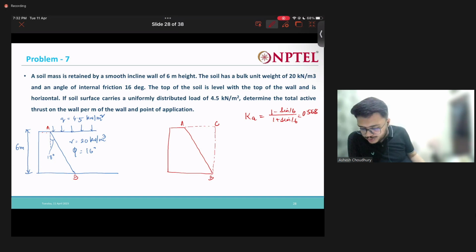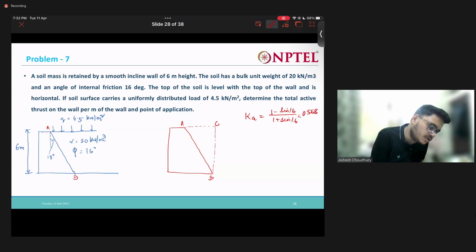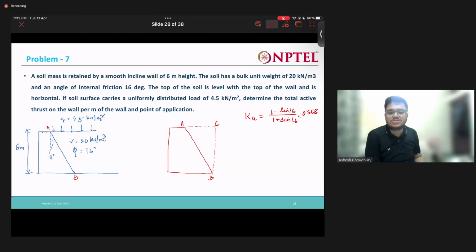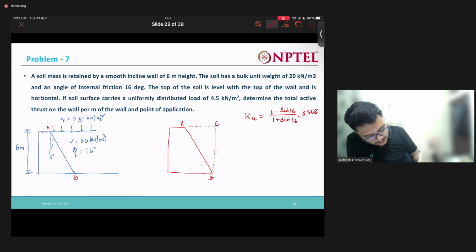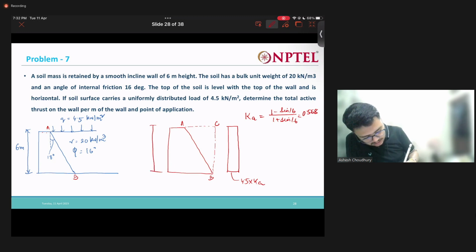Next, what we will do now is whatever we have done till now, just our usual case. So for this Q, how will be the variation like this? 4.5 into K. This is 6 meters.